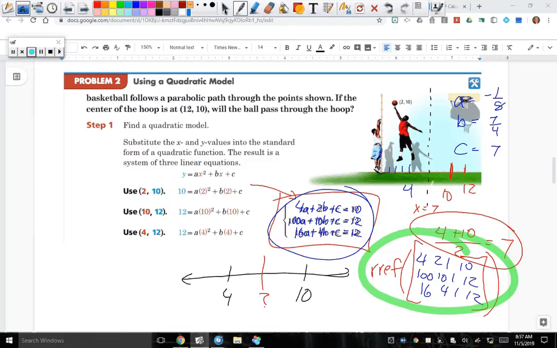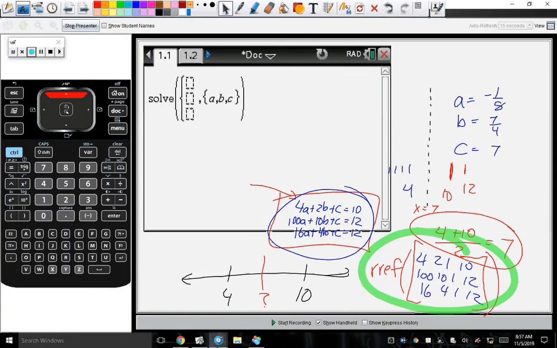I'm going to put that into the calculator like this. You don't have to put them in columns or put all the A's together and all the B's together. You can type it in just as you see it. It will do all that work for you.